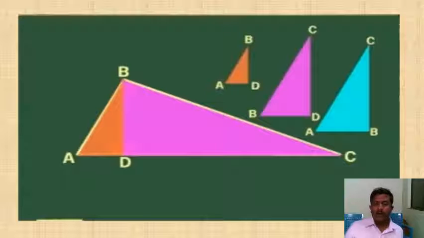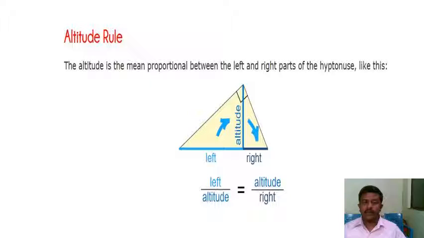Okay. Now look towards this diagram. We have these triangles. This main triangle ABC, here is pink colored BDC, and this one is ABD. So look here, D is 90 degree. Here D is 90 degree and B is 90 degree. So we can say that these three triangles are similar to one another.